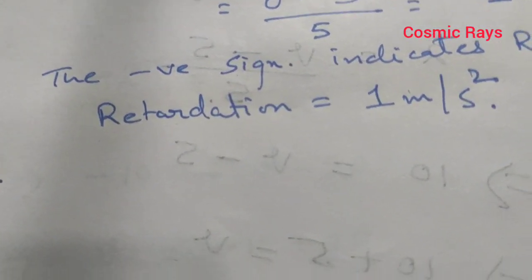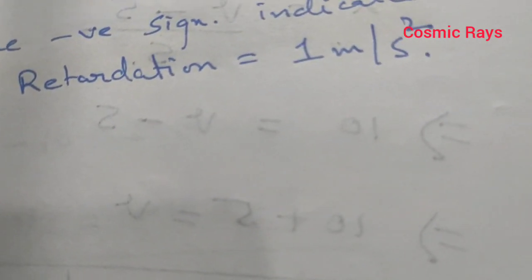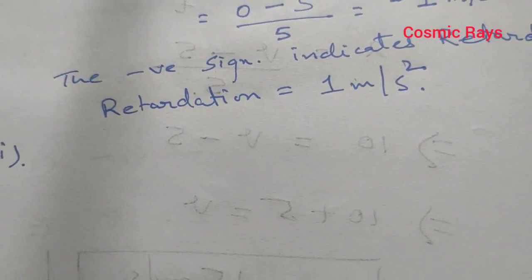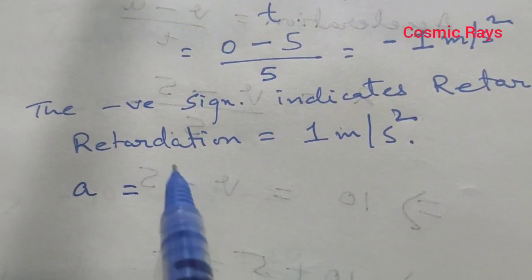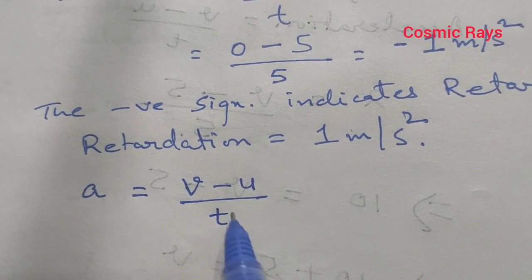Now the third part of the question says we have to find the speed of the car after 2 seconds of applying the brakes, means the final velocity. So we will again use the formula acceleration is equal to change in velocity, that is v minus u upon t.